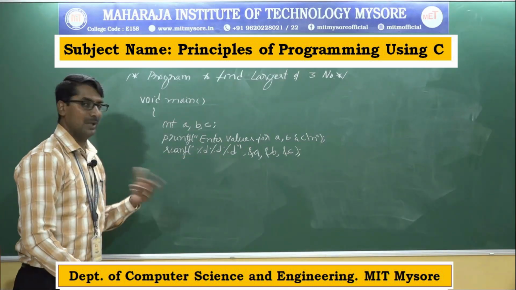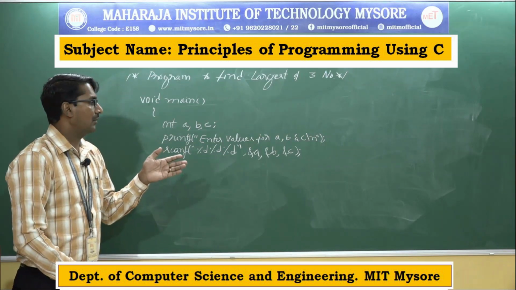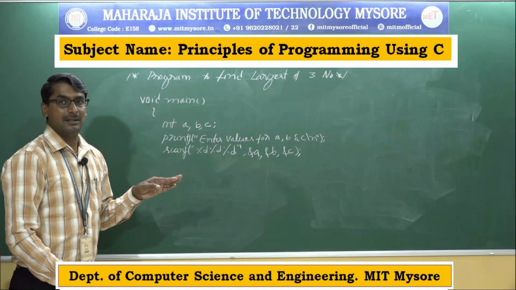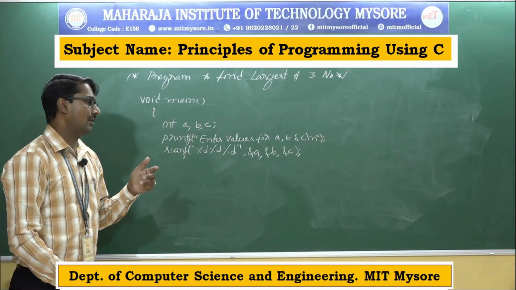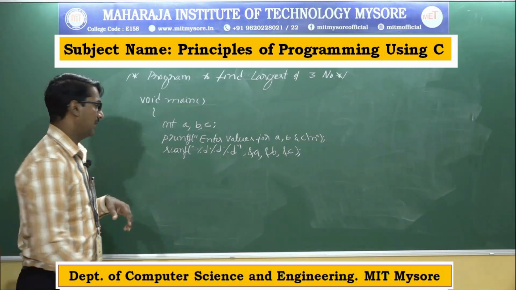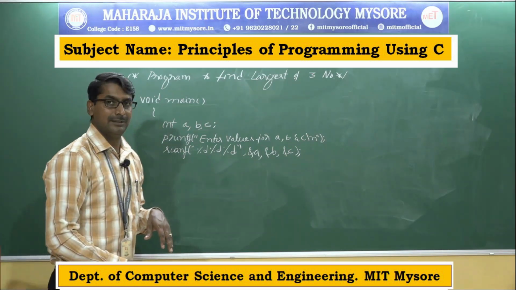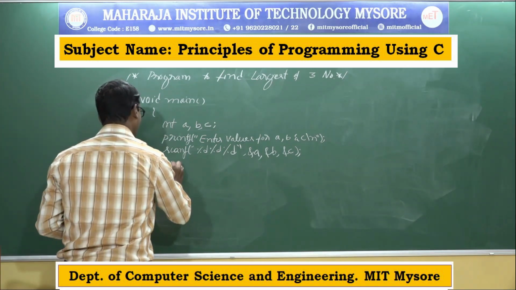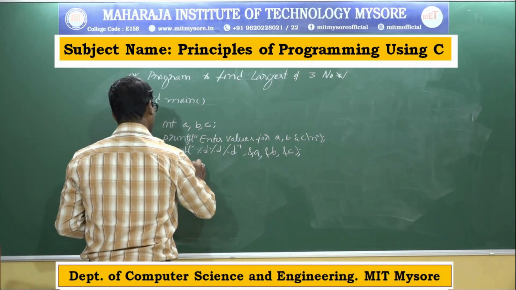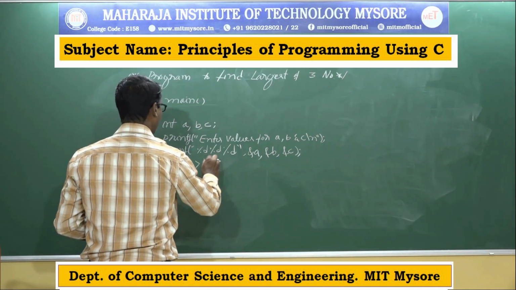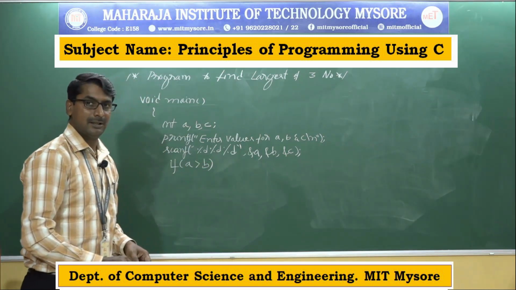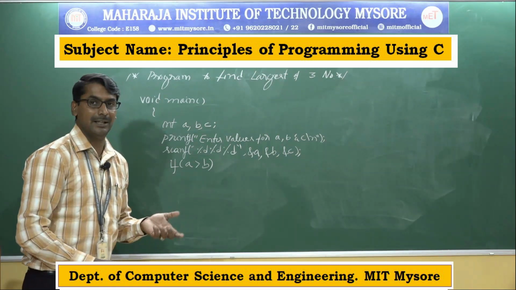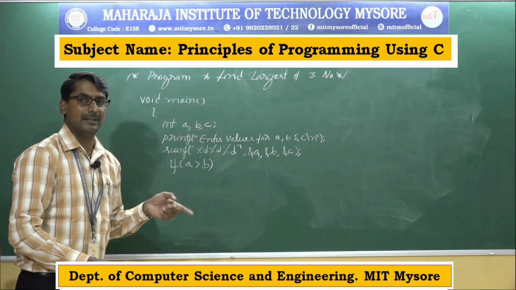So now we need to check whether the value of a is greater than b and c, or whether the value of b is greater than a and c, or whether the value of c is greater than a and b. In order to check these values, we need a condition statement, that is the if statement. So first I will verify if a greater than b. If this condition is satisfied, then we need to check one more value, c.